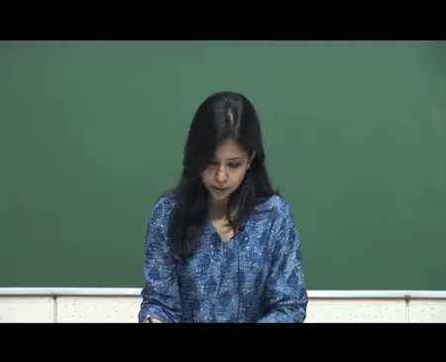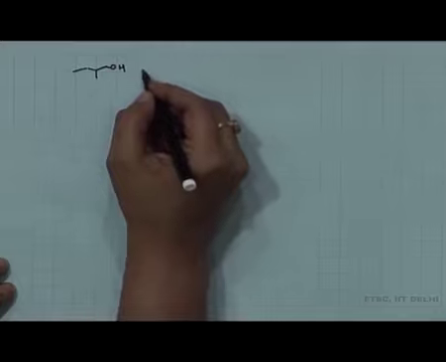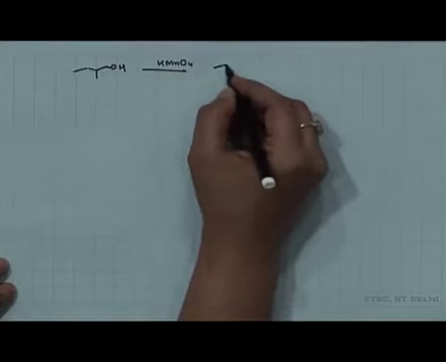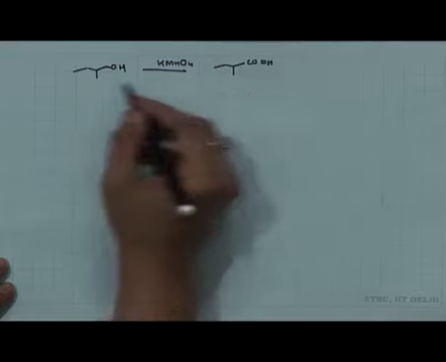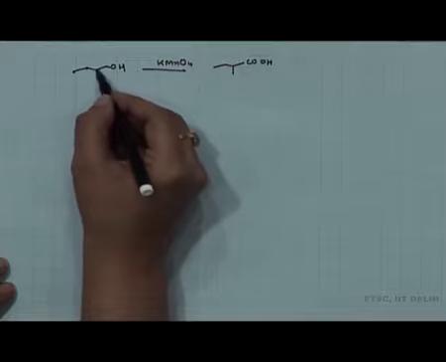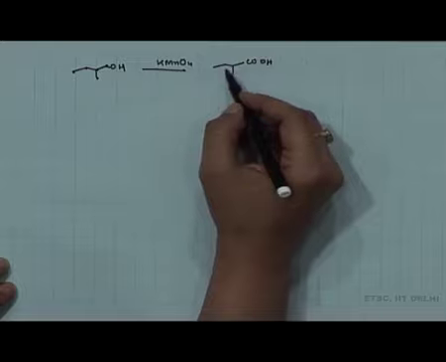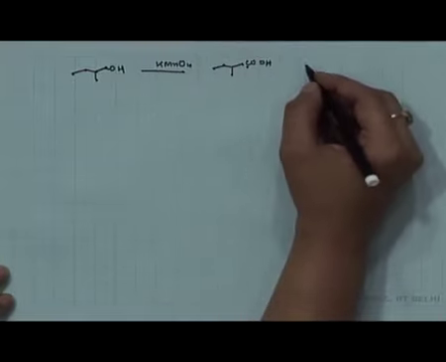If you treat this alcohol with KMnO4, the corresponding acid which you will get is this. So, you can see that if you started with a 1, 2, 3, 4, 5 carbon system, you ended up with a 1, 2, 3, 4, 5 carbon system in the acid.